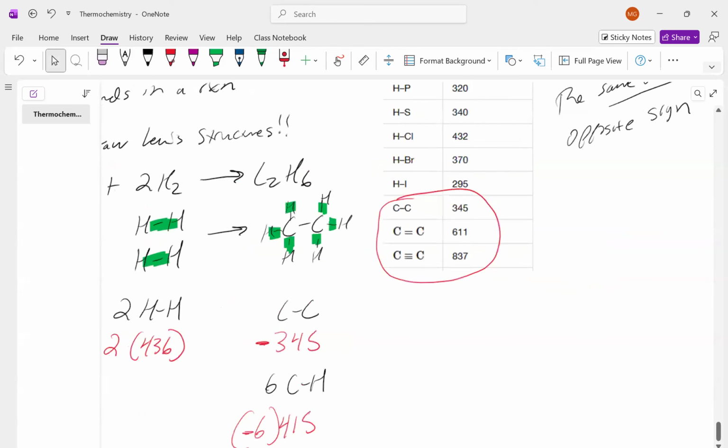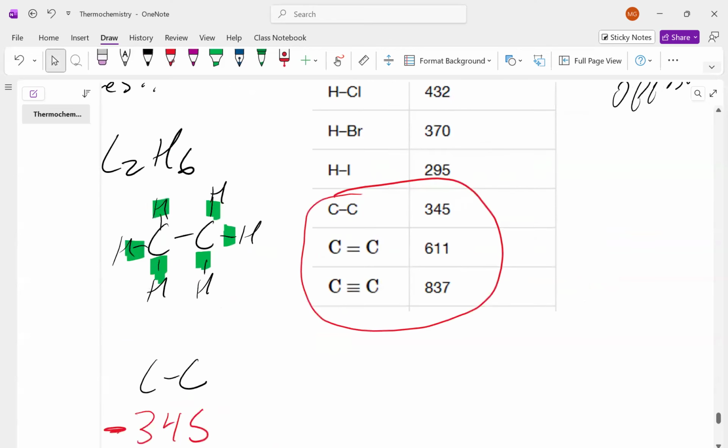But I want you to look at this. Is a triple bond exactly 3 times the amount of energy as a single bond for carbon-carbon? No, if I multiply this by 3, it's not going to equal 837. And so I just wanted to end on emphasizing that even though there is a trend between single, double, and triple, you can't just say a triple bond is 3 times stronger than a single bond, or a double bond is twice as strong as a single bond, because the numbers don't confirm that statement.